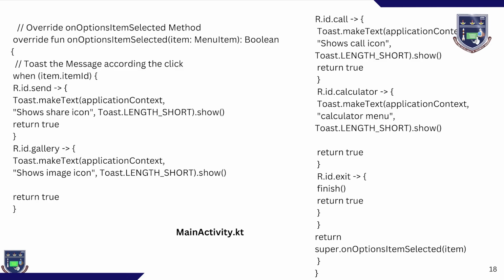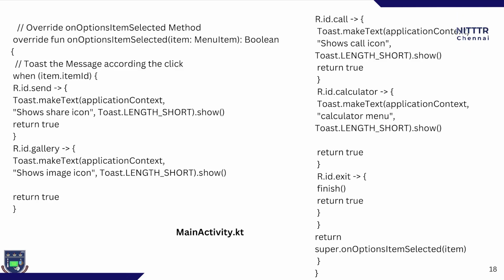Next we will see about handling menu clicks with when, which checks the clicked item's ID and performs the action. The first statement is Toast.makeText, which displays a short message on the screen. Then handling the other menu items, similar blocks handle them. We have various types like R.id.gallery, which shows the image icon.